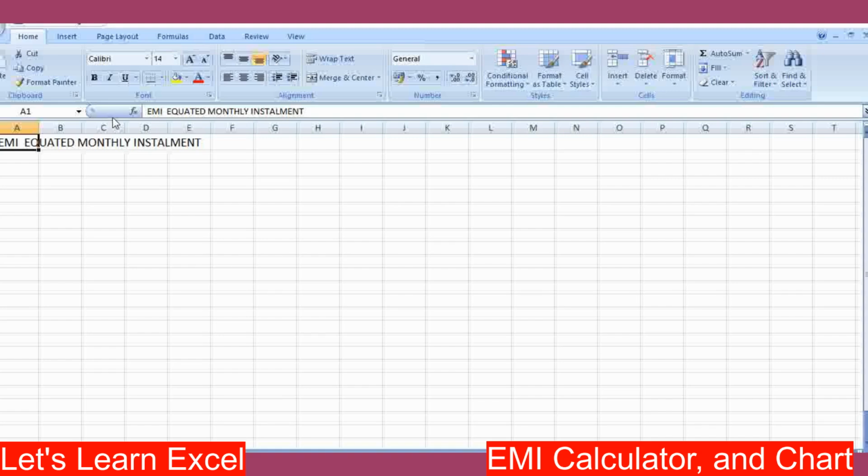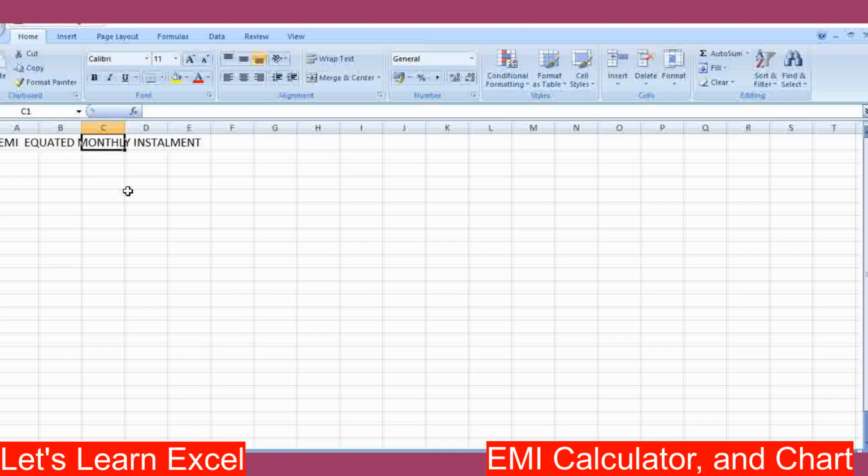Suppose we want to buy a flat and we require 25 lakh rupees of loan, say for a period of 10 years. So this EMI will be the amount to be paid every month till end of this 10 years period.